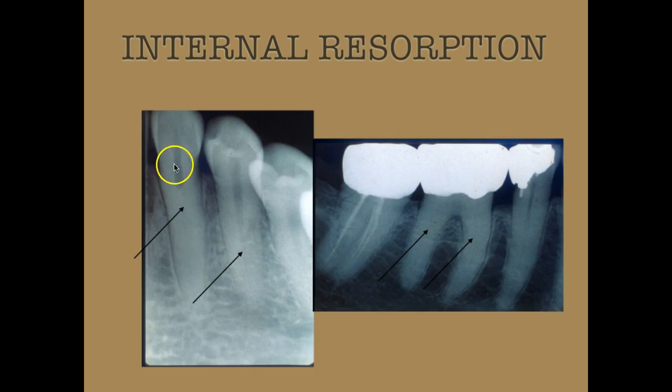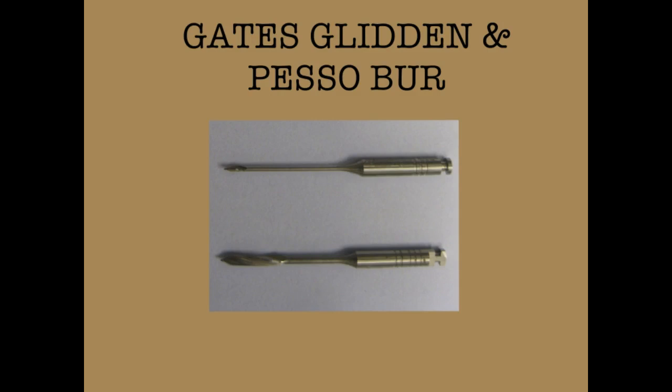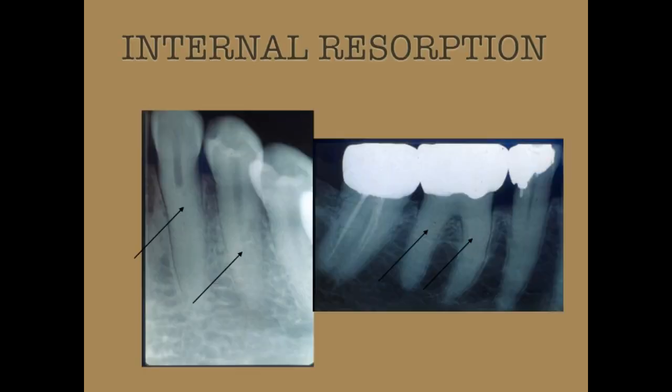If the endodontist wants to open the canal, they may attempt to open it all the way to the apex with a Gates Glidden or a piezo burr. Otherwise, there may have to be another type of endodontic treatment that will be discussed in part 3. A little hook there for you, that maybe you'll come back and look at part 3.